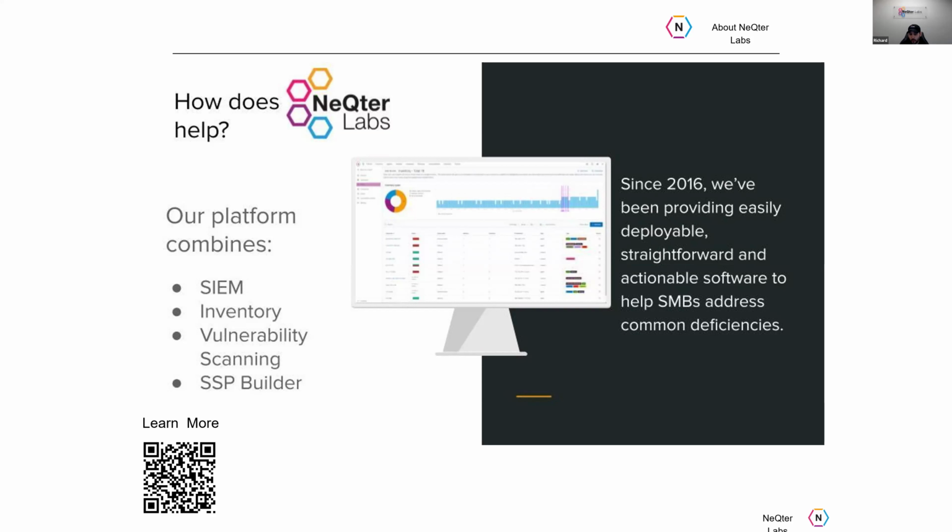The four things that we saw that were missing were SIM, so security information event management. I'll go into each one of these a little bit. Security information event management is basically the government wanting you to audit and account for all of the events happening on your network. Janet had mentioned using an external service provider like Google or Microsoft.